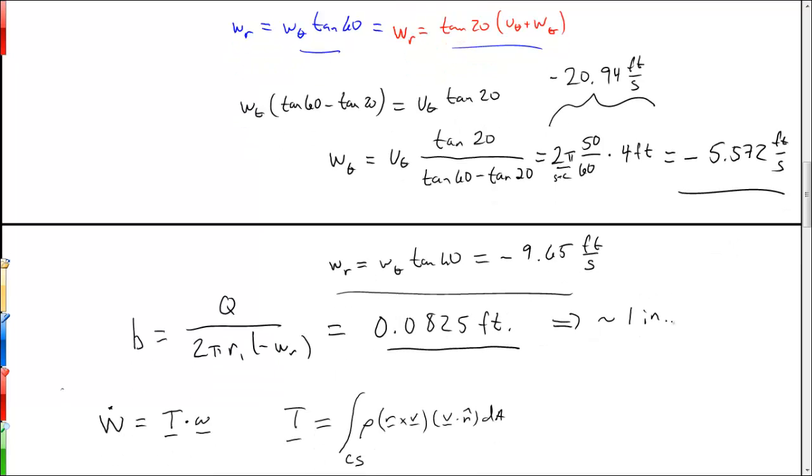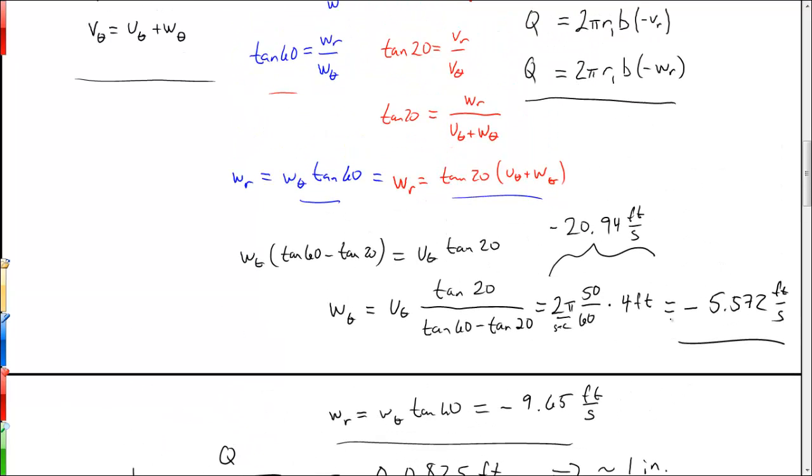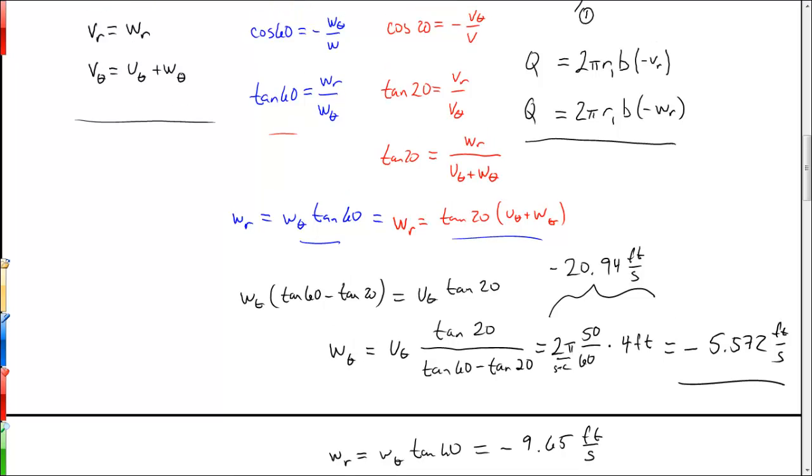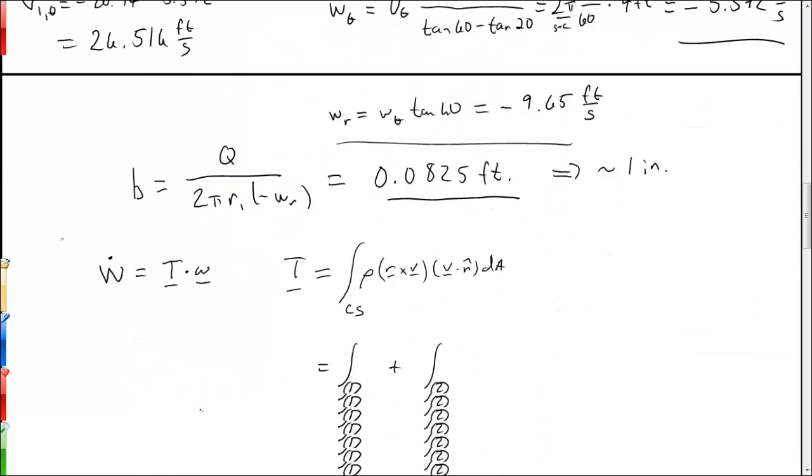No. So we still need v1 theta, and it's probably best if we do it right here, because we know that v theta is equal to u theta plus w theta, so v1 theta is equal to minus 20.94 plus w theta, which is minus 5.572, and all that is equal to, plugging in my calculator here, I get minus 26.516 feet per second.